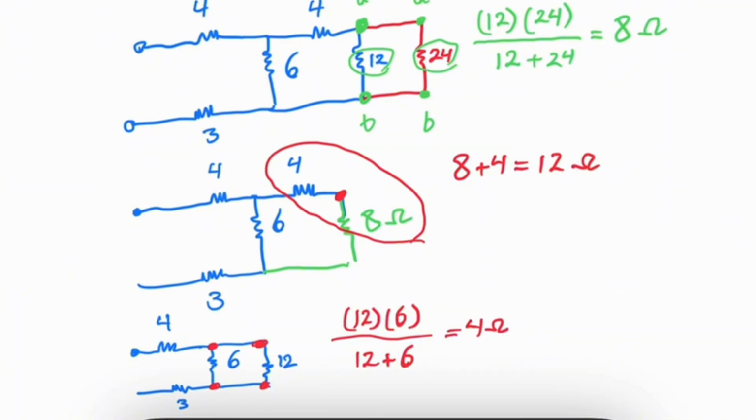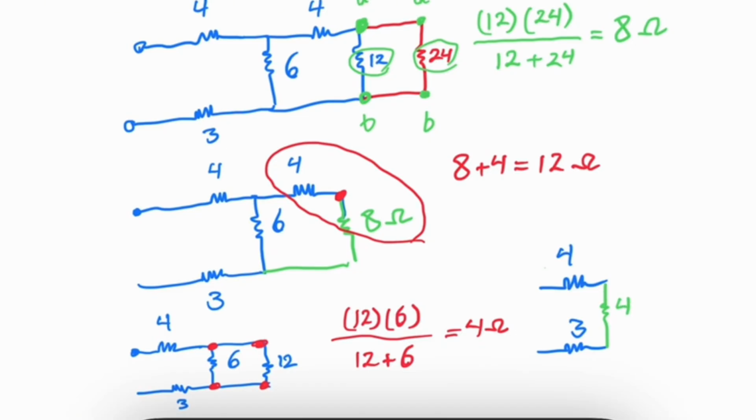And finally, we're going to have a circuit like this, 4 ohm. So let me change the color. This is the original circuit, 4 ohm. This is 3 ohm, and the summation of these two was 4 ohm.